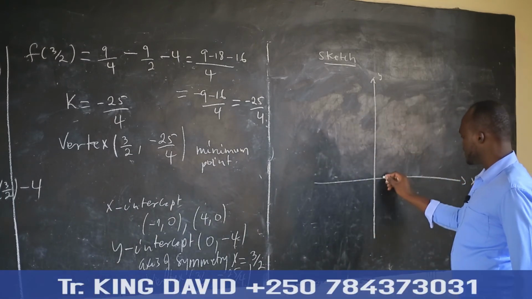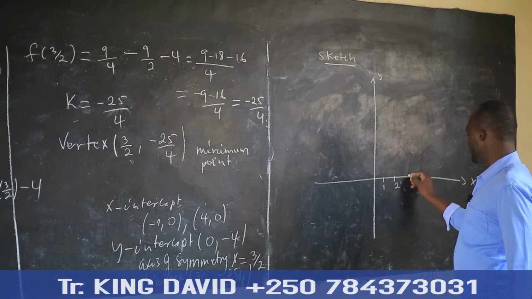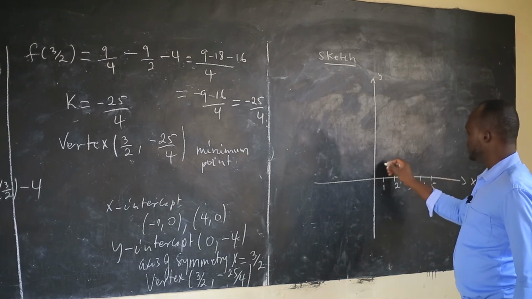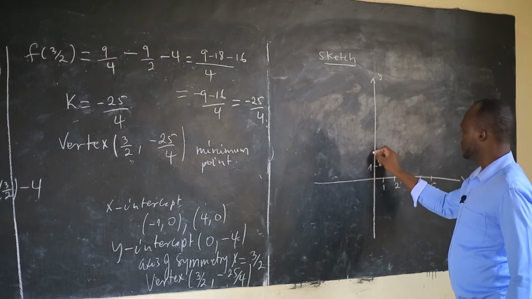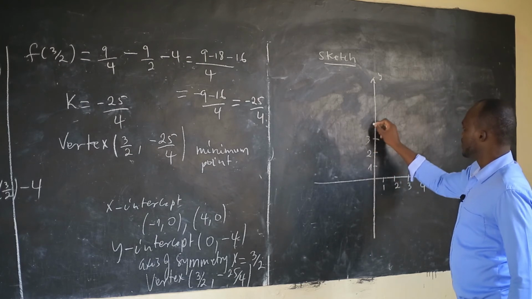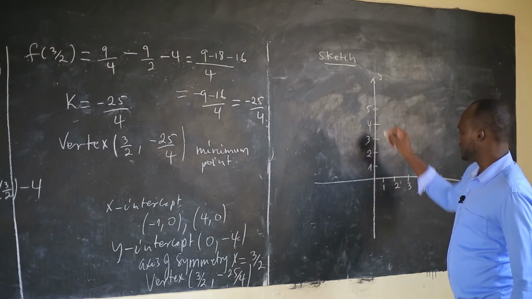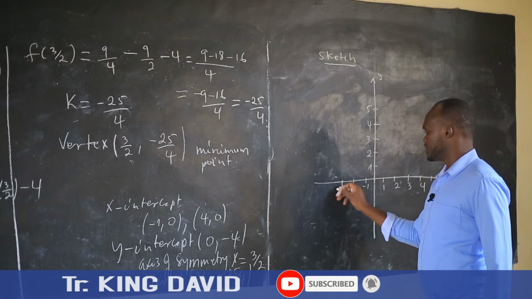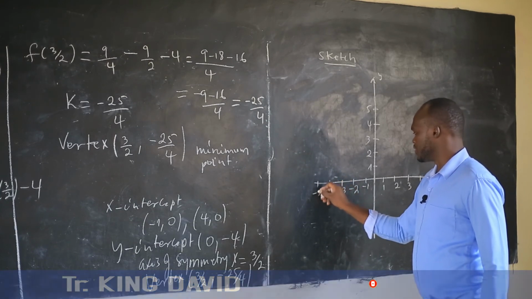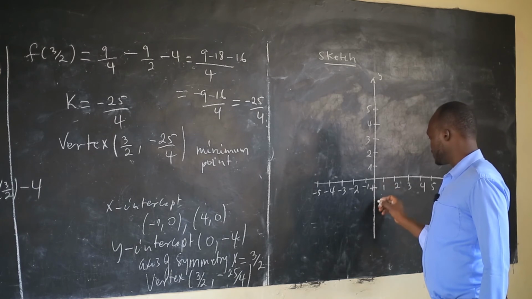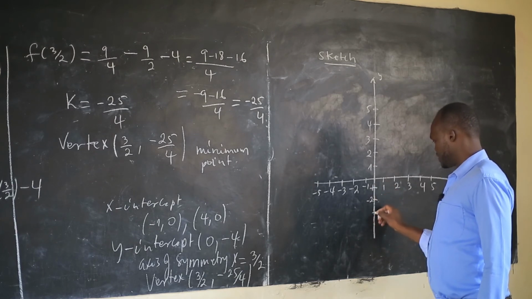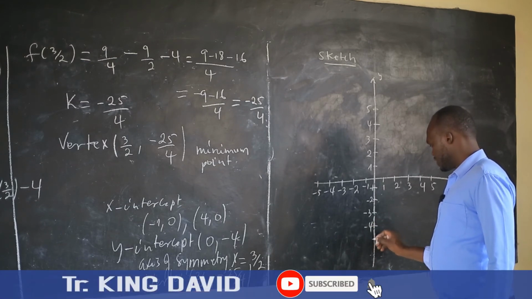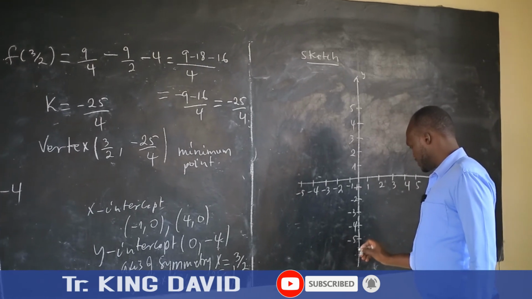So you see, we have 1, 2, 3, 4, 5, and negative 1, negative 2, negative 3, negative 4, negative 5, negative 6.